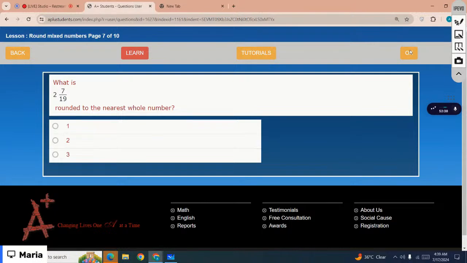What is 2 whole 7 over 19 rounded to the nearest whole number? Yes, the correct option is 2.